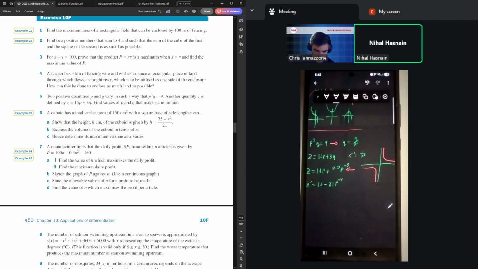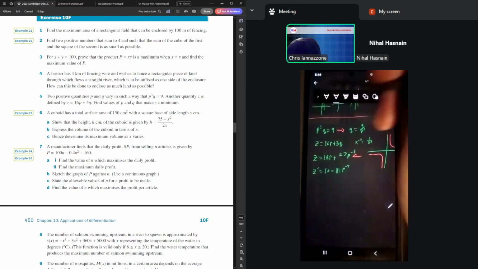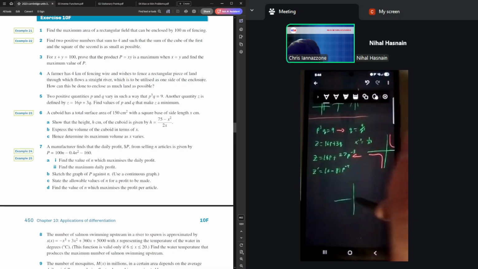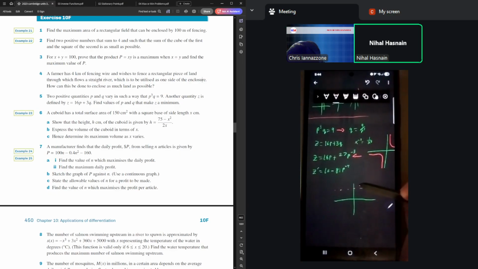The derivative will be a truncus. It's got some negative to it, and it's shifted up by 16.